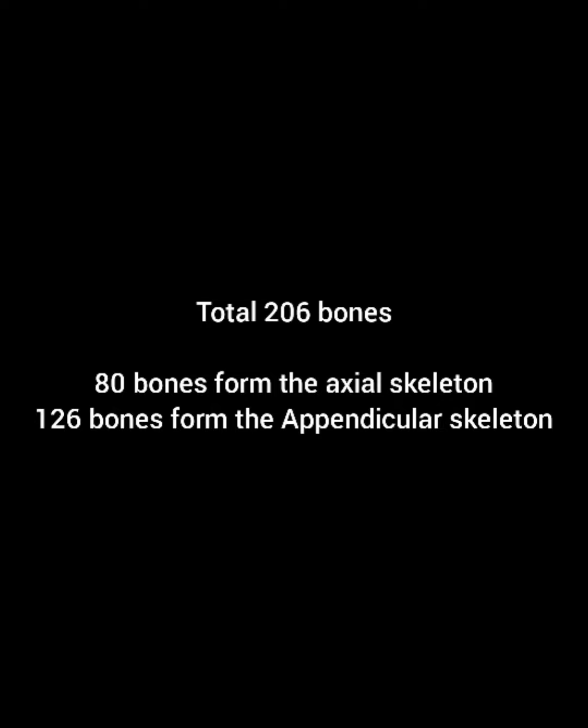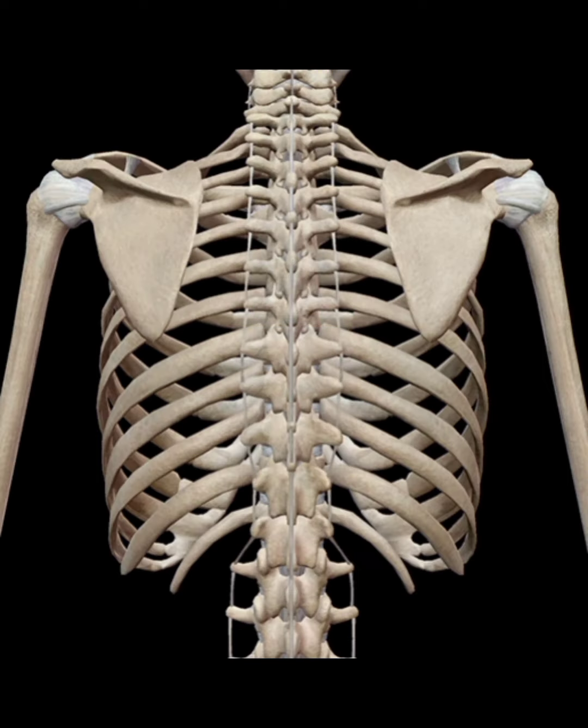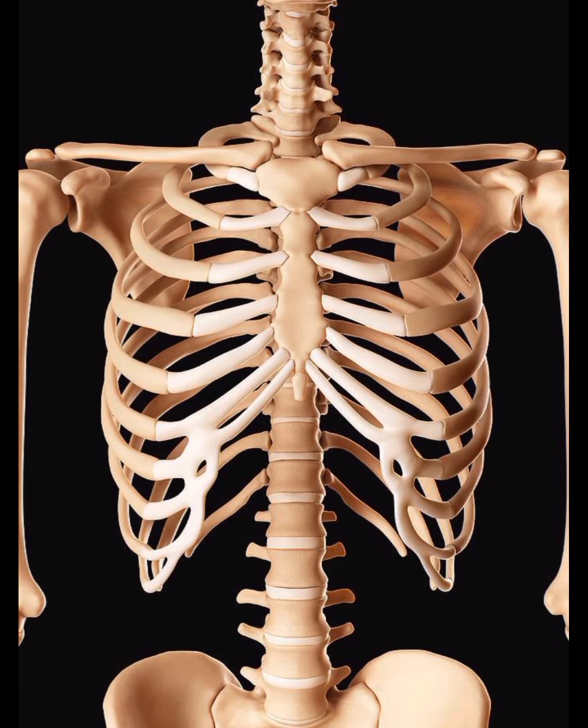So the total number of bones in our body is 206. We have two divisions of the human skeleton: the axial skeleton and the appendicular skeleton.